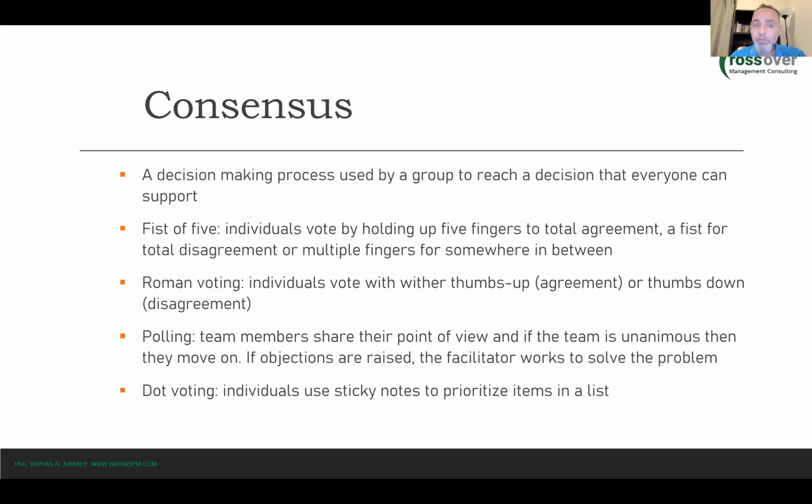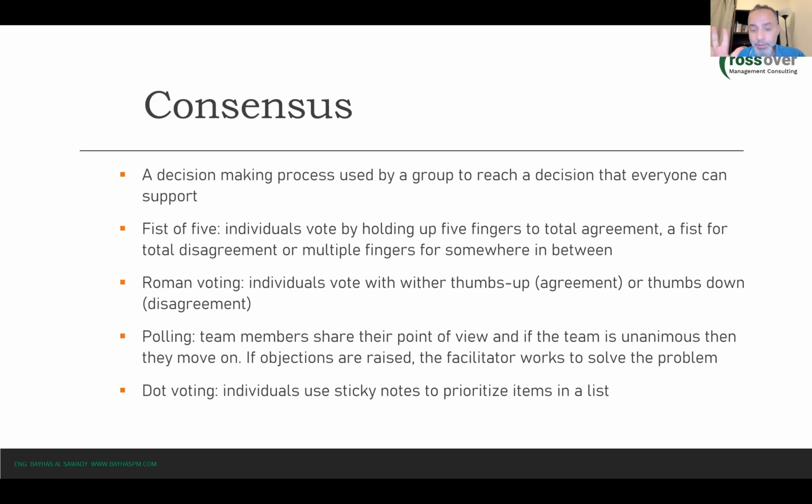Now, in this tool, in order to agree that we have a consensus, all of the team should have 3 fingers at least. Okay, so if all of the team members raise their hands with 3 fingers at least, then we consider that we have a consensus.